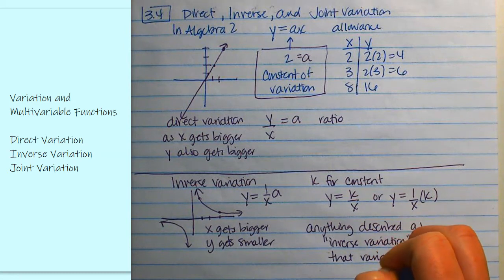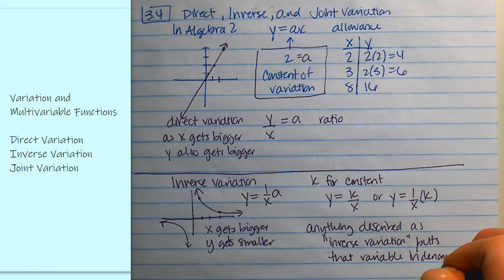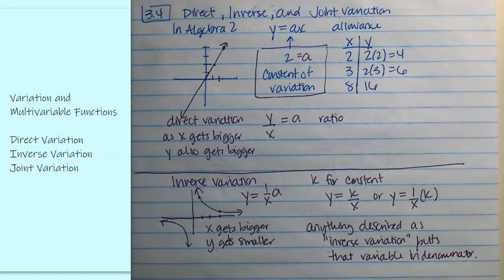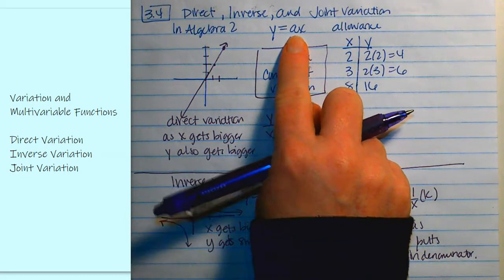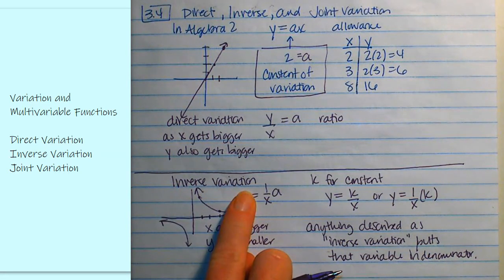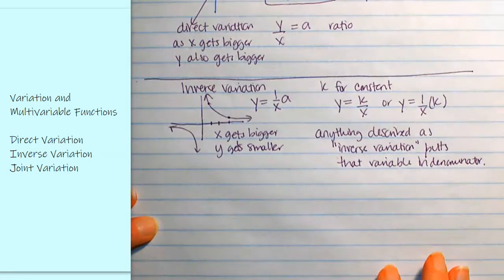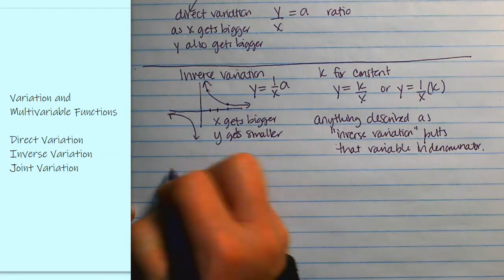It might not always be x, it might be something else. All right, so what we've done is we've taken what we saw last year and we're going to expand on it. So now we have what's called inverse variation as well as direct variation. And we have a third way of describing it, which is going to be joint variation.